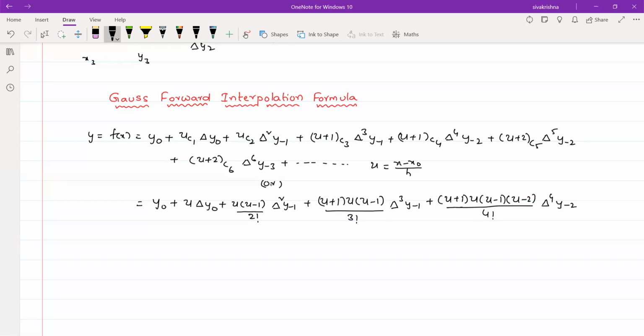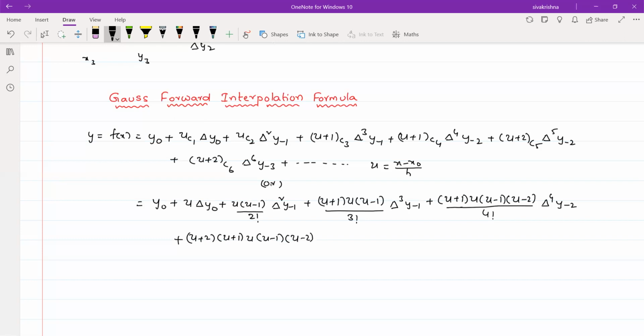x minus 2, plus (u plus 2)C5. Here we have to write 5 factors by subtracting 1 from each factor. First we write u plus 2, after that we subtract 1 from this factor so that we get u plus 1, once again subtract 1 we get u, and once again subtract 1 we get u minus 1 into u minus 2.